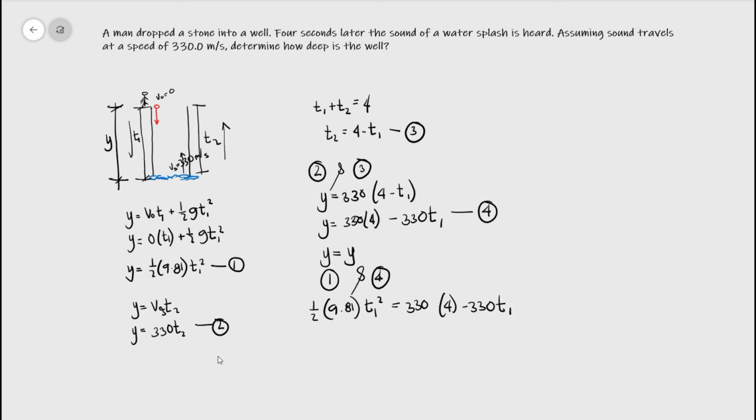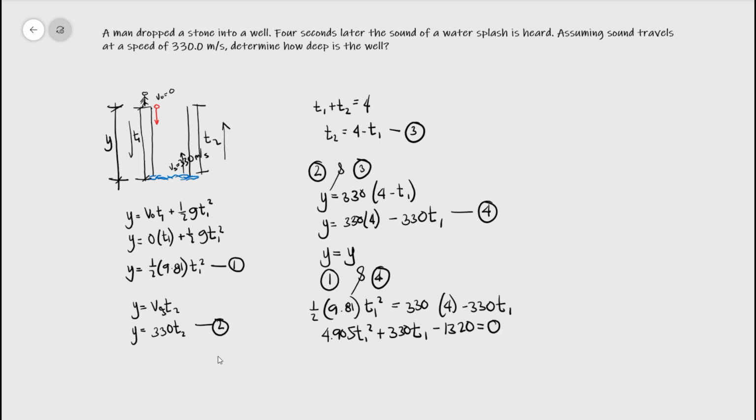Now getting the value of t sub 1, let's arrange this one. 1/2 of 9.81 is 4.905. So we have 4.905 t sub 1 square plus 330 t sub 1 minus 4 times 330, which is 1320, is equal to 0.